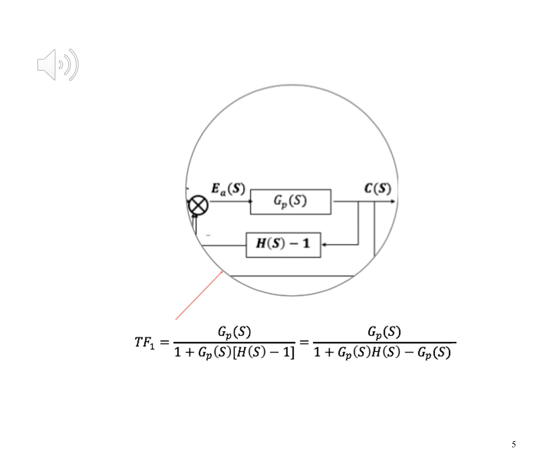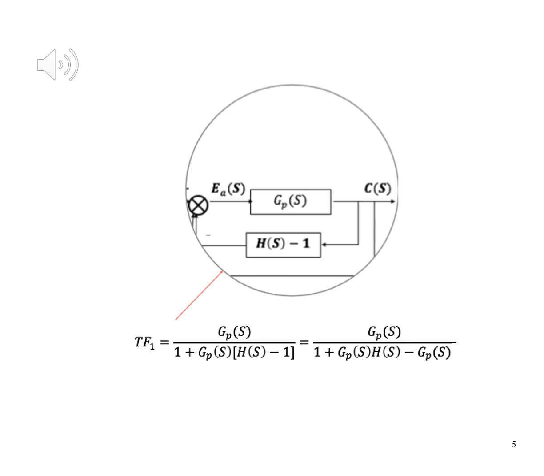In slide 5, we shall magnify the part with the first feedback. Look at this figure that you have in slide 5. You have a feed forward, GP of S, and then feedback, H of S minus 1. So the transfer function of this part alone, which is magnified here so that you can see it clearly, is what?